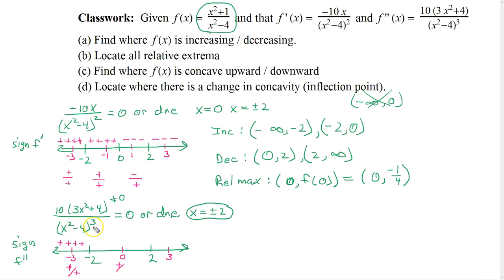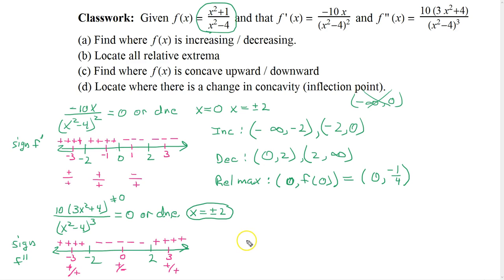A negative number cubed is a negative number. So the denominator is negative, positive over negative, so that will be negative in here. And then if we put +3 in here for x, once again that will be positive divided by positive.